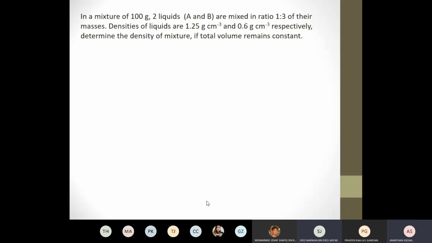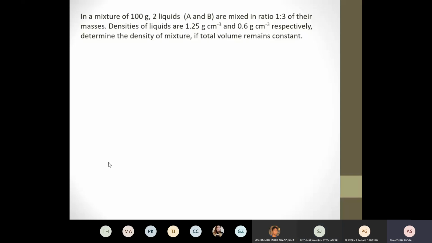Anyone, please send me the answer. Okay, so 1:3 ratio mixture.